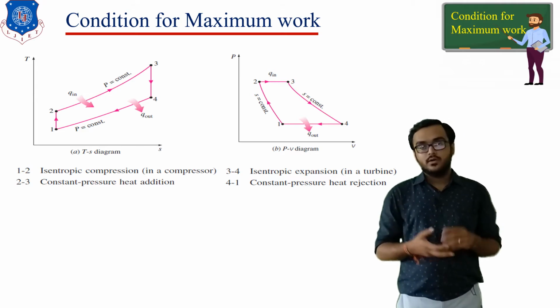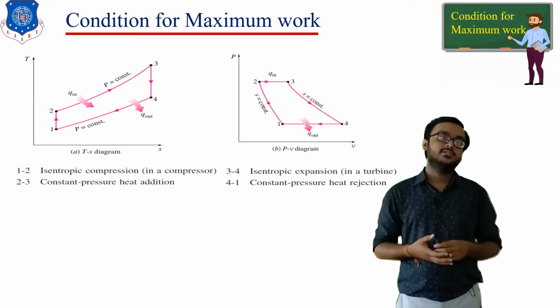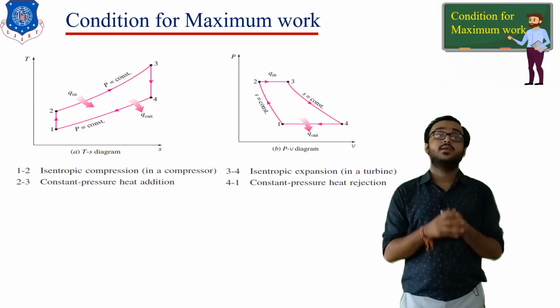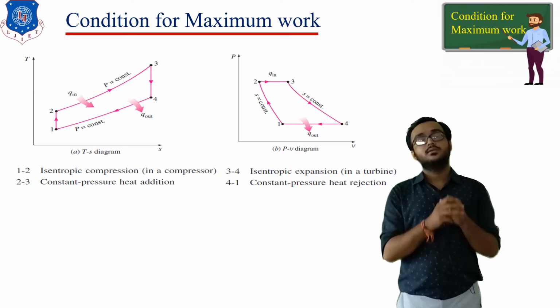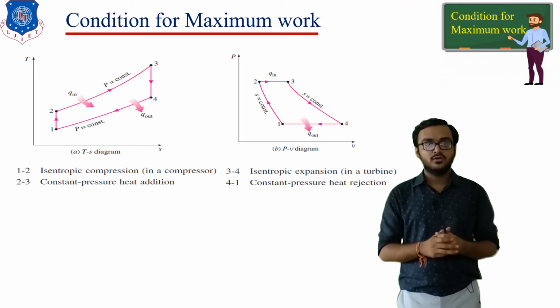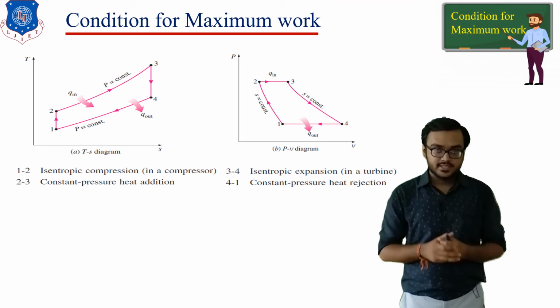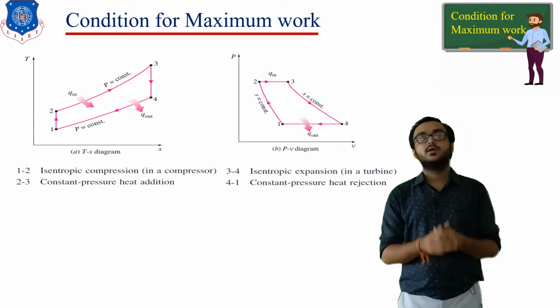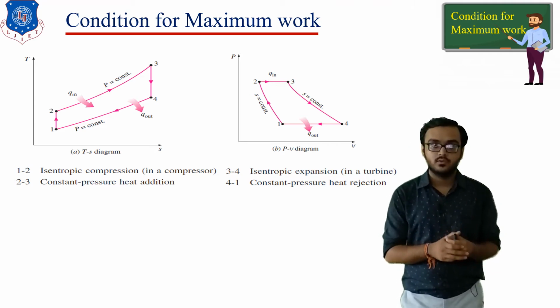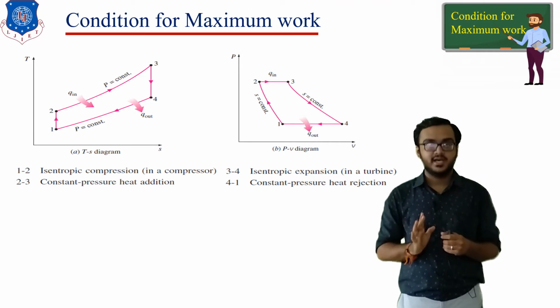As I told you, we assume expansion to be isentropic because we are dealing with the theoretical cycle. So 3 to 4 is isentropic expansion, during which entropy remains constant. That's why we plot the 3 to 4 vertical line on the TS diagram.